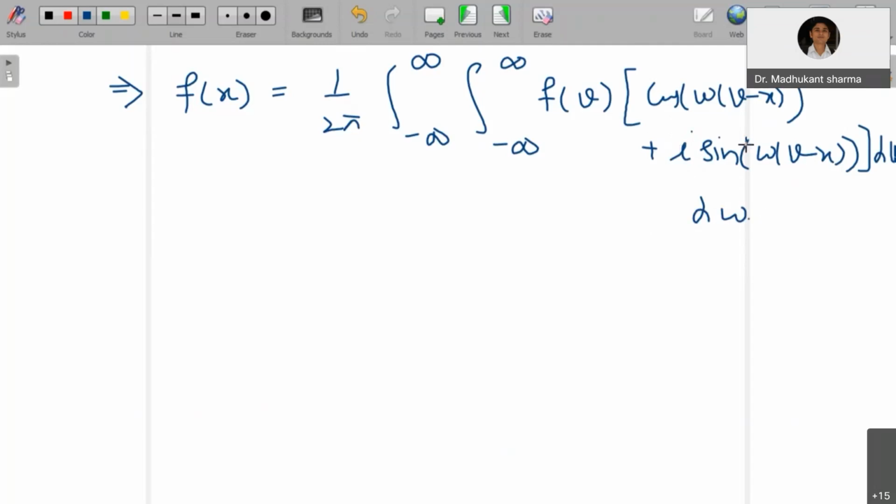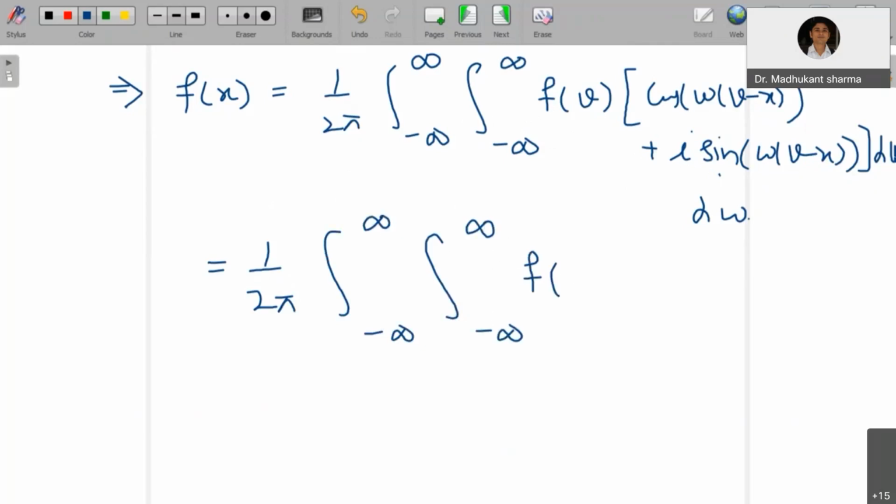Now you can add this, because this is a zero term. If you linearize this integral, this will not contribute anything. Now this will give you 1 upon 2 pi integration from minus infinity to infinity, integration from minus infinity to infinity of f of v times e to the power i w (v minus x) dv dw.